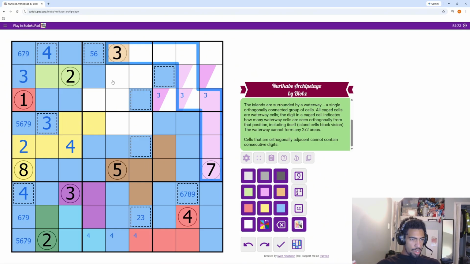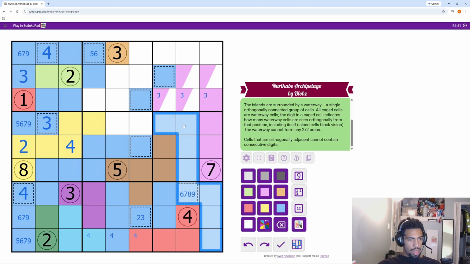Is there another issue? No, because I still have 2 digits for yellow. So I could have this as yellow. Yeah. This water. If this was pink, this would be blue.